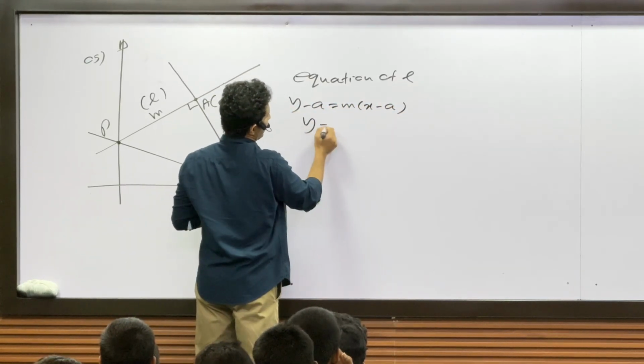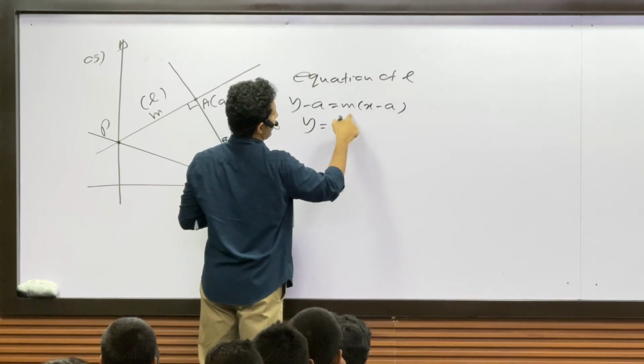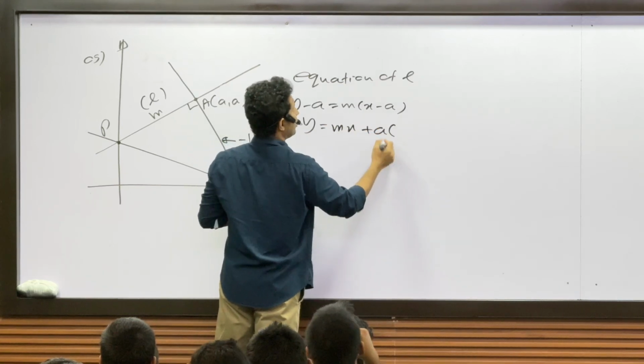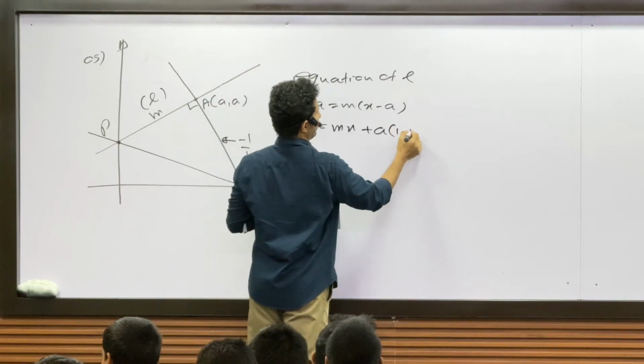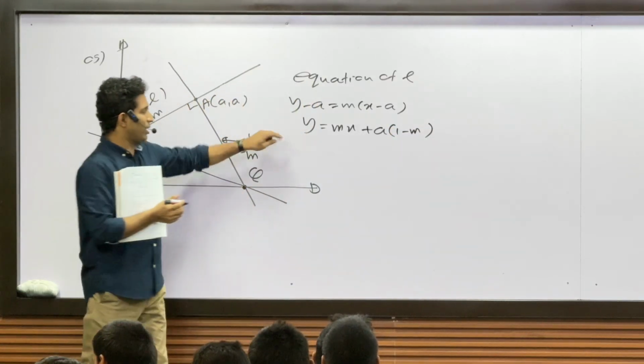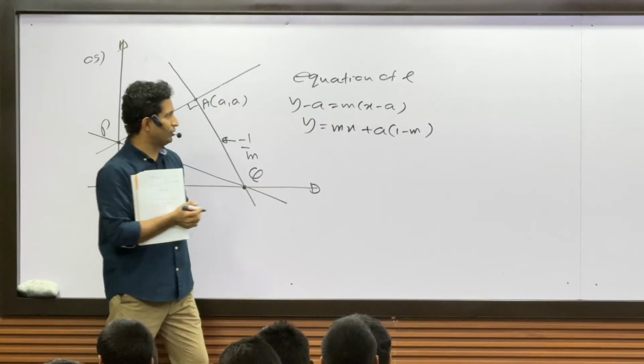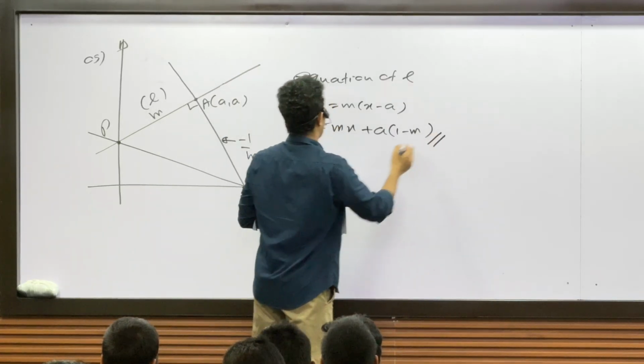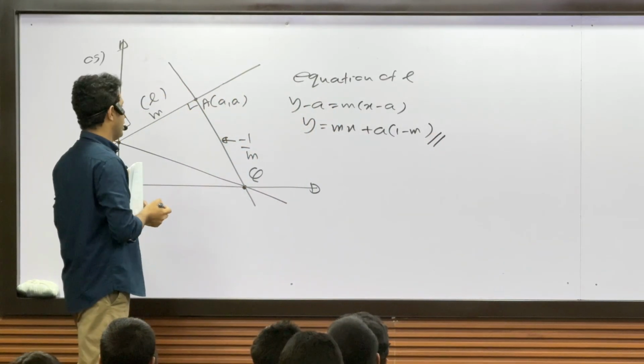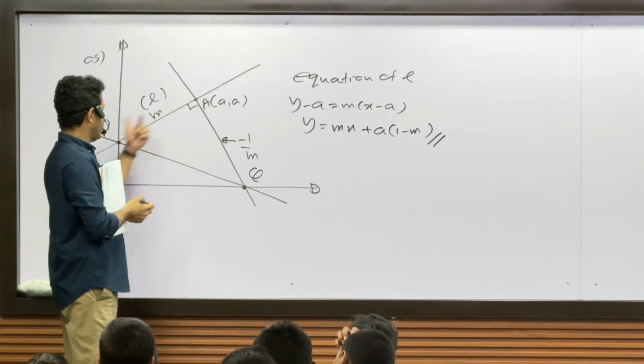Therefore y equals mx minus ma, that is mx plus a times (1 minus m). This is the equation of L, that's the equation of PA.